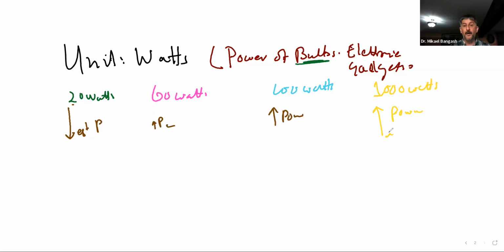Or not really power, actually using more. Since we're talking of electrical bulbs, this power here is going to be electrical energy, because power mainly is a measurement of how much energy is being used and how fast.